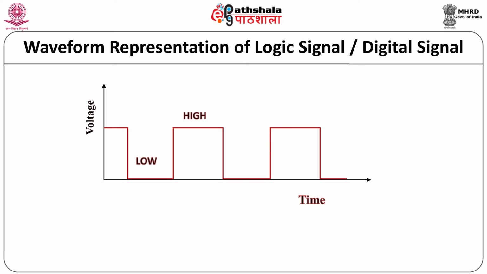Your high state means 5 volt or higher voltage. Your low state means 0 volt or 0 current. As we know that the digital signal is based on two kinds of voltage levels, either 1 or 0, 5 volt or 0 volt. 1 is also indicated by signal as a high or condition true. Similarly, for 0 the signal is low or condition is false.